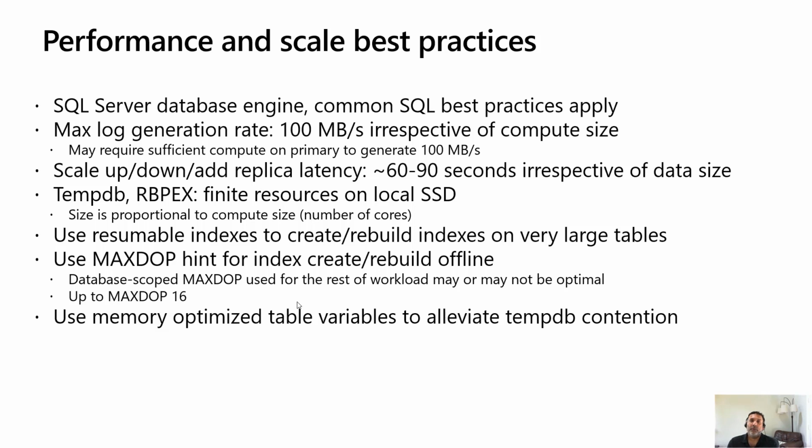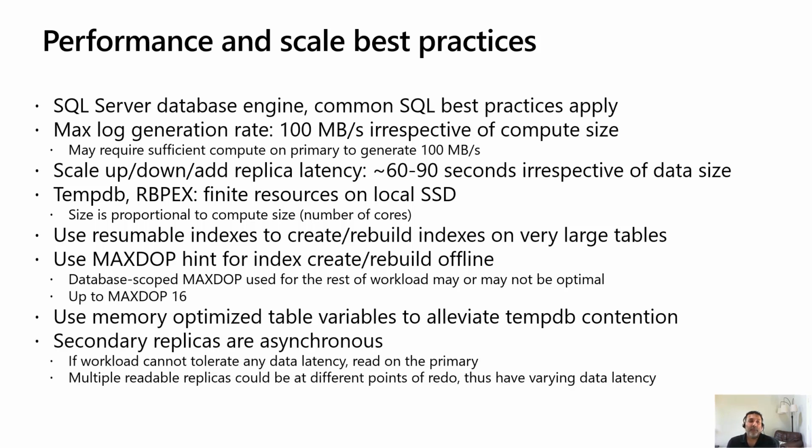So up to MAXDOP 16 is probably fine. MAXDOP 8 is probably fine in most cases. Up to MAXDOP 16 is recommended. Then, for tempdb GAM/SGAM contention, use memory optimized table variables. While in-memory OLTP durable tables are not available today in Hyperscale, memory optimized table variables are.